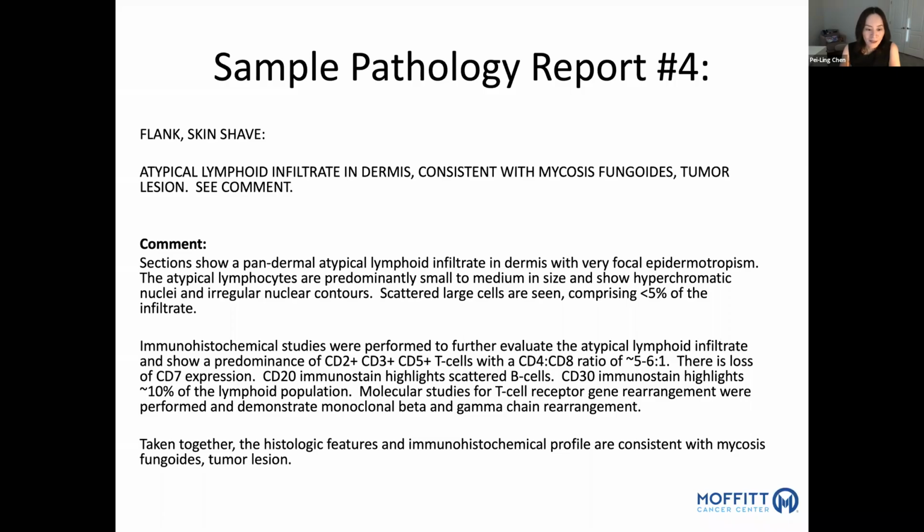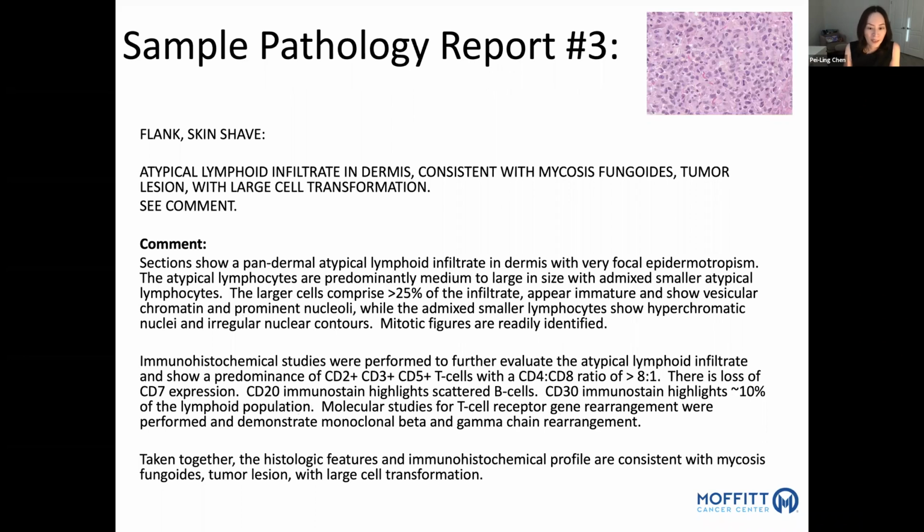So this is my presentation today, going from the WHO classification, epidemiology of mycosis fungoides, clinical manifestation, how you get the skin biopsy, how they're processed in our histo lab, how we diagnose that on histology, and how pathologists issue reports to let our clinicians know what we see under a microscope.